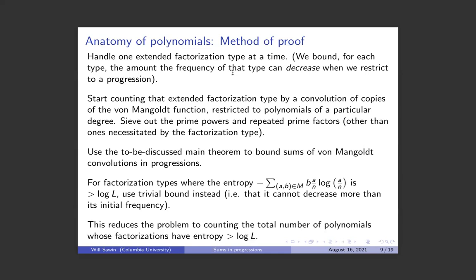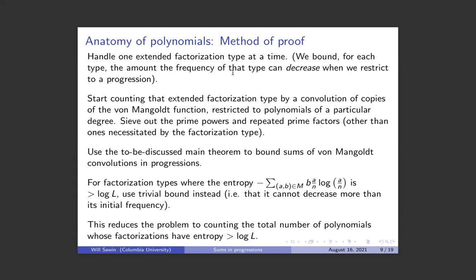And then a way that you can think about counting polynomials of particular extended factorization type is by using convolutions of copies of the von Mangoldt function. Because if you count polynomials which factor into 1 prime of degree 7 and 1 prime of degree 10, you can take the von Mangoldt function, restrict that to polynomials of degree 7, take the von Mangoldt function, restrict it to polynomials of degree 10, and convolve those two restrictions.